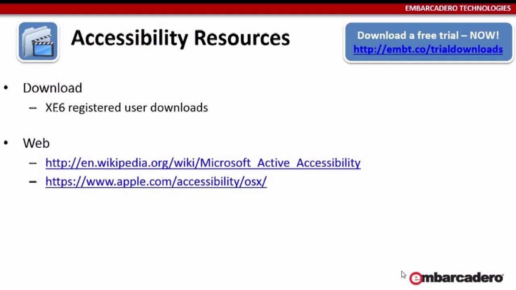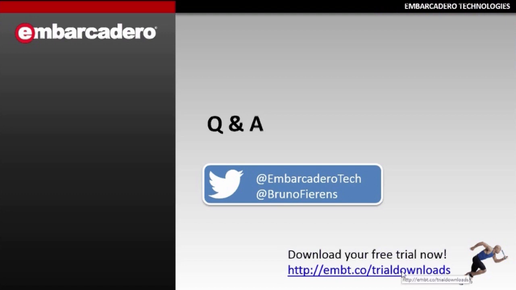Two more references I wanted to give you are, first of all, the Microsoft Active Accessibility API information that you can find from this Wikipedia link, and the developer information on accessibility on OS X that you can find on the Apple website. And that leaves us to some questions and answers that I'm available here to answer for you.